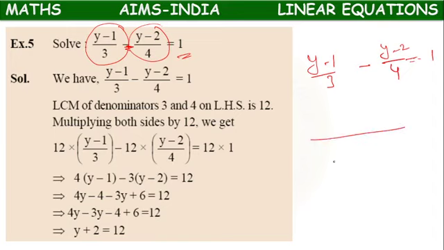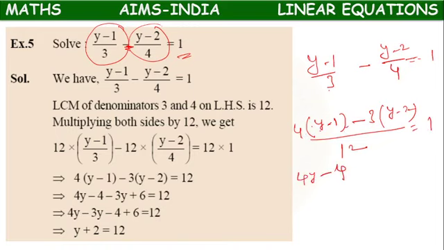Here the LCM of 3 and 4 is 12. 3 fours are 12, 4 into numerator y minus 1, minus 4 threes are 12, 3 into numerator y minus 2, equals 1. 4 into y, 4y, 4 into 1, 4, minus of 3 into y, 3y. Because of the minus, the middle symbol will change. It will become plus 3 twos are 6. This 12 will go this side, 12 into 1, 12.